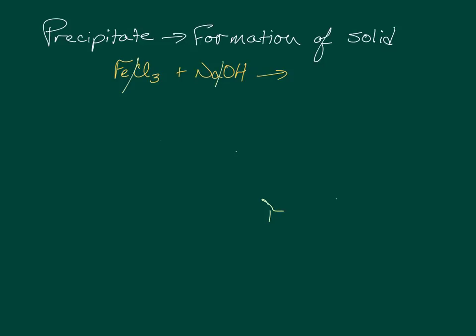And we find, just as a review, that we have iron 3 hydroxide, which is a solid, plus sodium chloride. And of course, this is unbalanced, but that's our idea of a precipitate reaction. The fact that there's a solid forming draws the reaction forward.